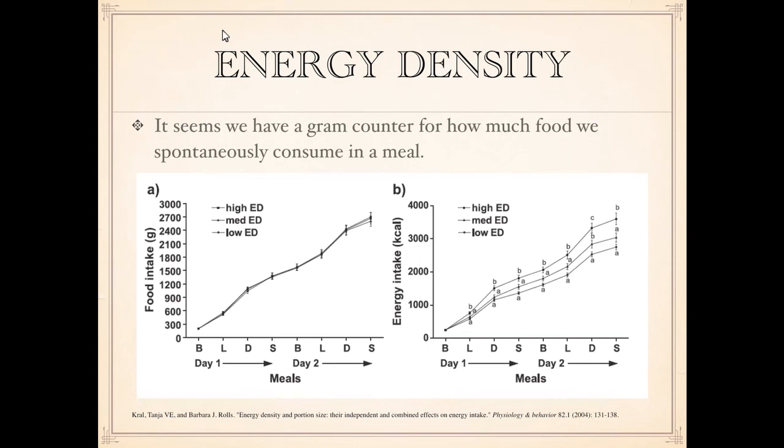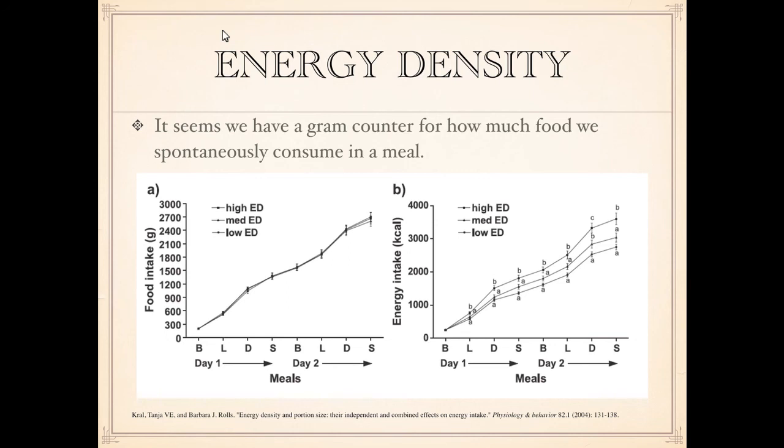Notice that the food intake was the same between the high, medium, and low energy density foods. However, energy intake was different, with the most energy intake being the high energy dense foods, second amount being the medium energy dense foods, and lowest amount being the low energy dense foods.